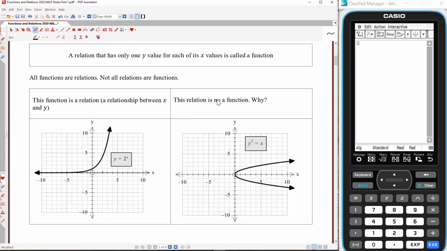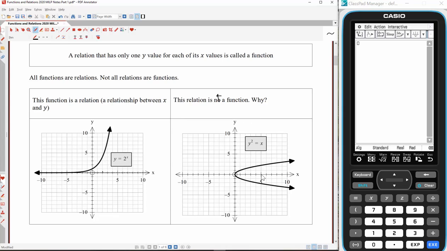This relation is not a function. Why? Well, it is a relationship. Give it values of x and you can get y from that, or vice versa: give it y values and you can solve for x. So it's a relationship between x and y, but it's not a function.